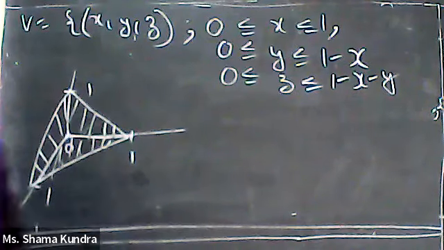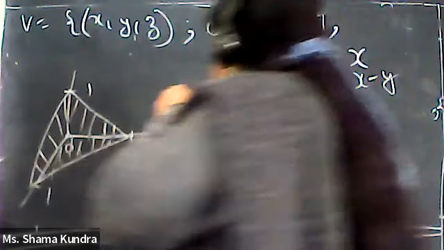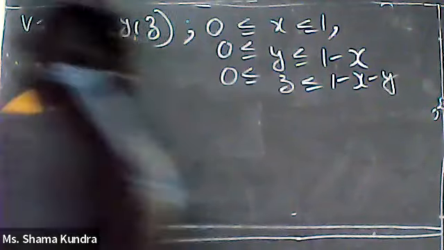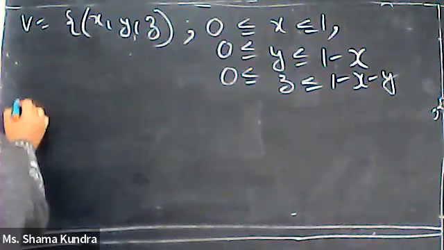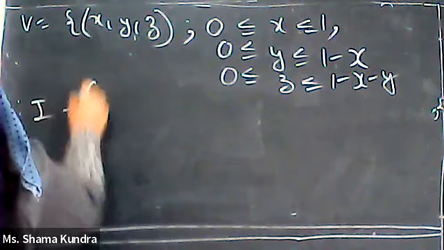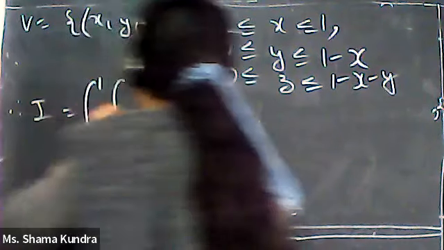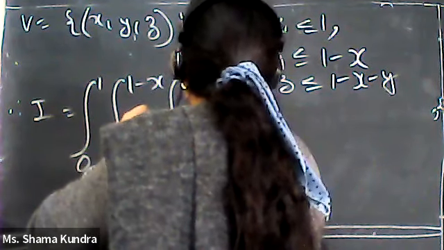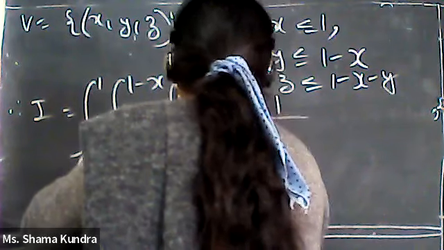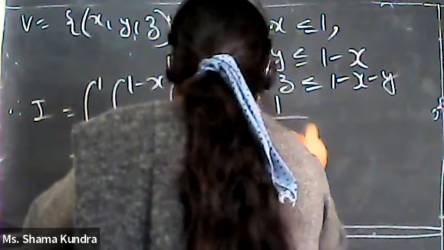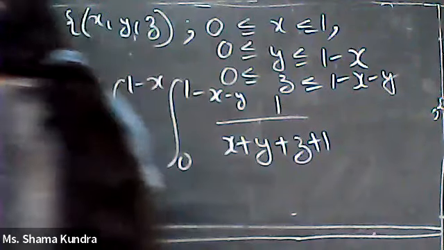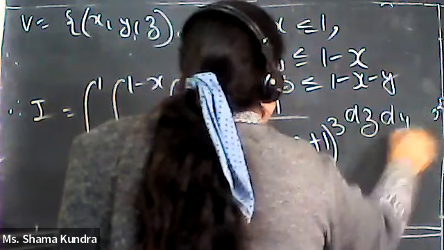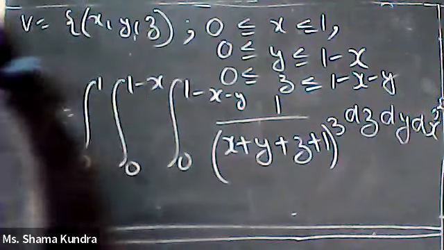So what we get is that our integral I becomes the integral from 0 to 1, 0 to 1 minus x, 0 to 1 minus x minus y, of the function 1 over (x plus y plus z plus 1) whole cube, dz dy dx.